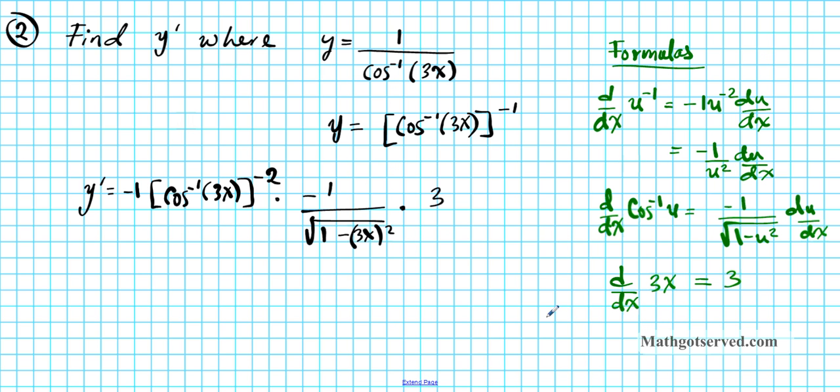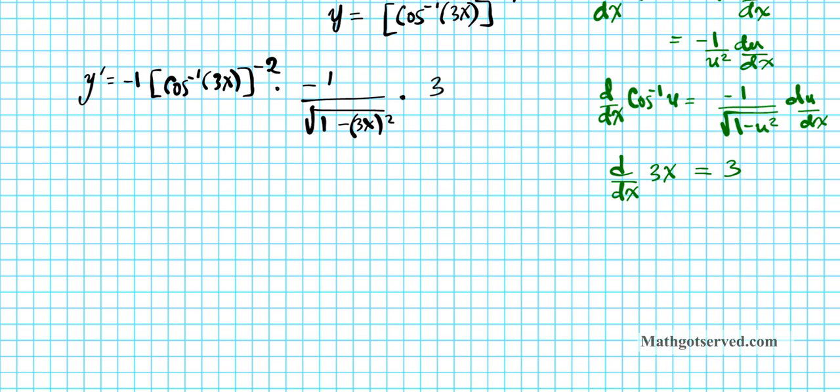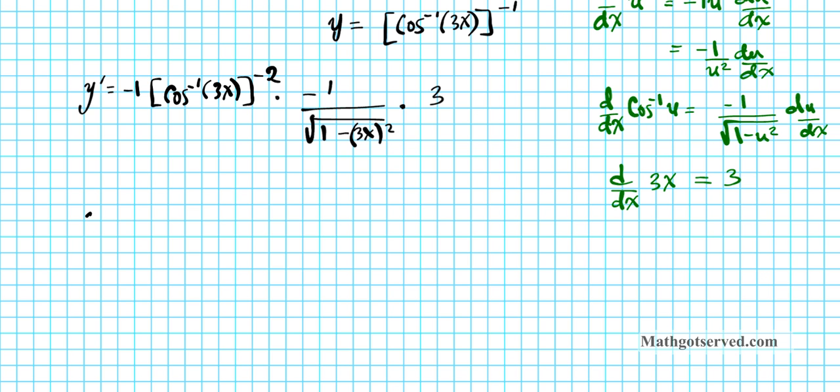All right, so let's rewrite this in a nicer way, simplified form. So we're going to have y prime equals, in the numerator, negative 1 times negative 1 times 3, which is positive 3.